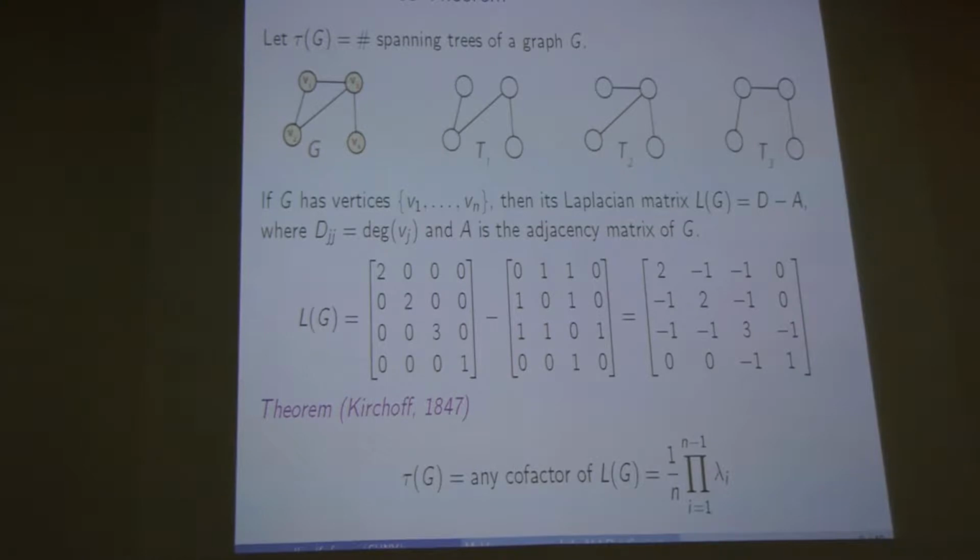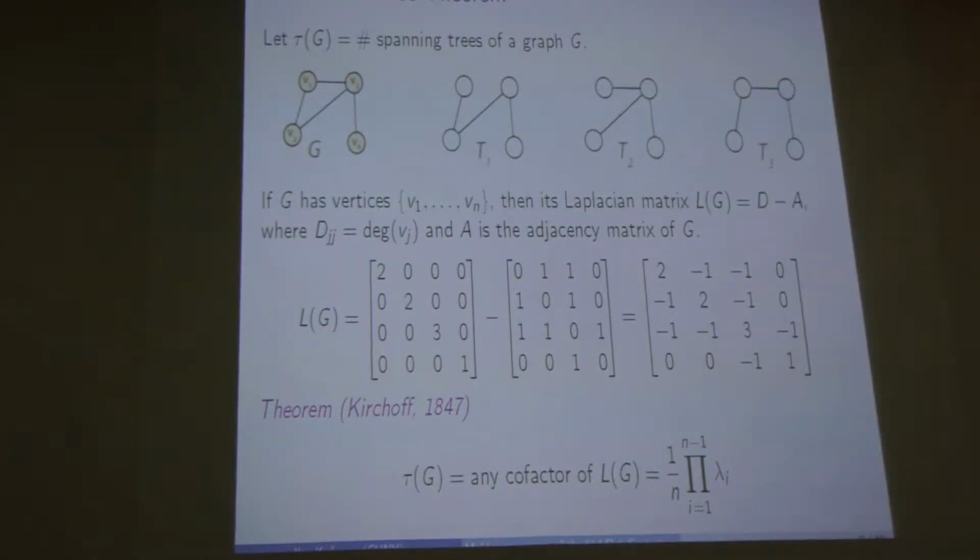So let me start with a classical question in graph theory, and that is, how many spanning trees does a graph have? So essentially a complete answer was given by Kirchhoff in 1847 with the matrix tree theorem. If you have a graph, here's an example with 4 vertices, and these are its 3 spanning trees.